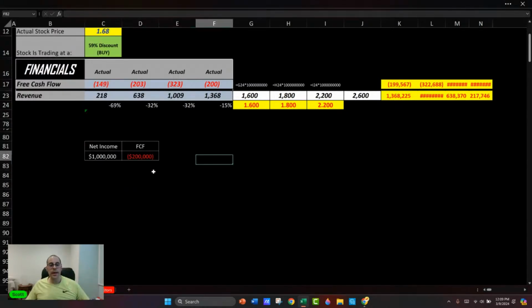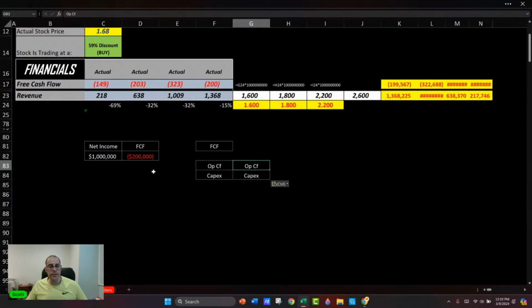So free cash flow is operating cash flow minus CapEx. So operating cash flow, so I have negative 200,000.